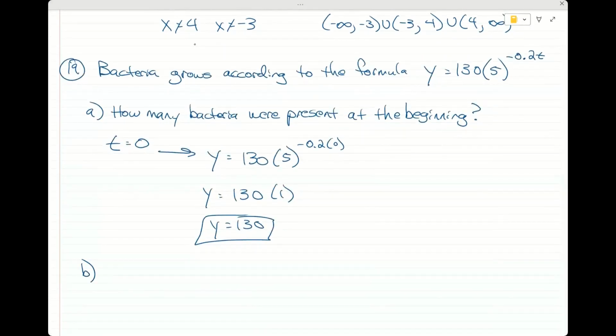Then second part, how many bacteria were present 3 hours into the experiment?